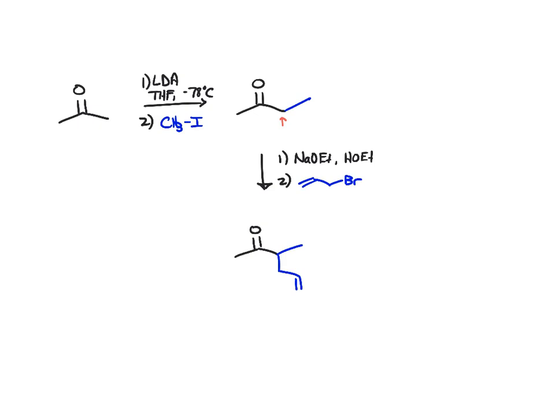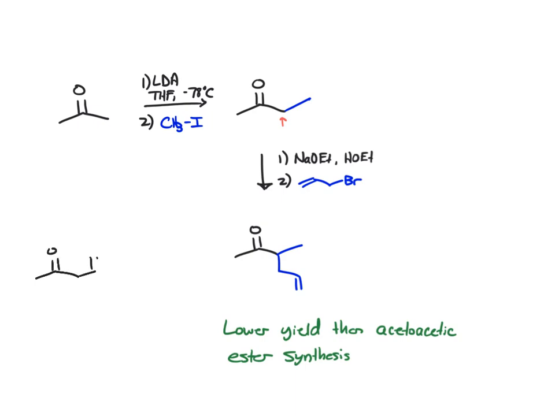But this protocol tends to be lower yielding. And the main reason for that is because in this case, we have these alpha protons that aren't quite as acidic as the alpha protons in acetoacetic ester.